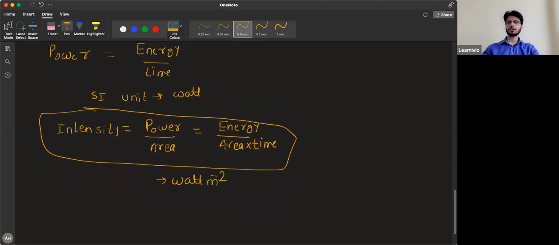So to solve questions which are just based on photon theory, you should know these terms. Just note it down.